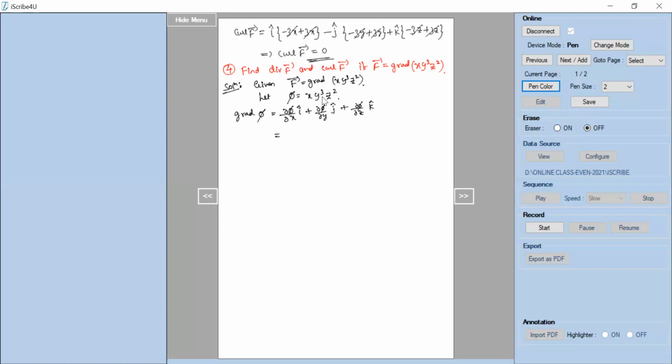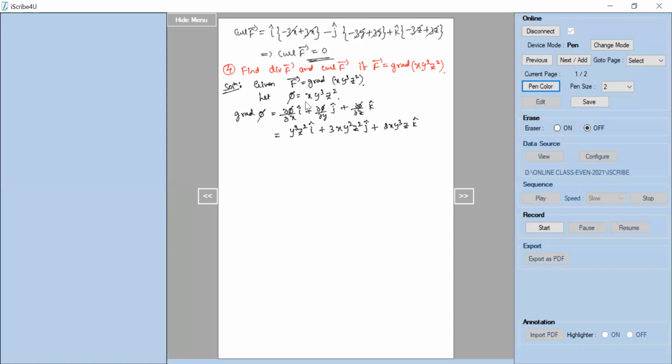With respect to x, if I differentiate, y³ z² is constant, differentiation of x is 1. So the first term is y³ z². Now ∂phi/∂y means it is 3x y² z² j cap. With respect to z means it is 2x y³ z k cap.